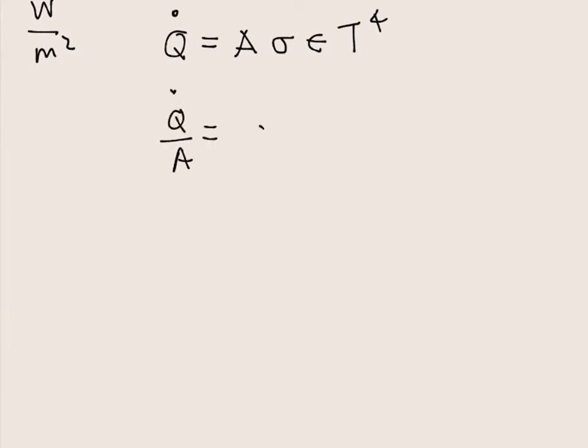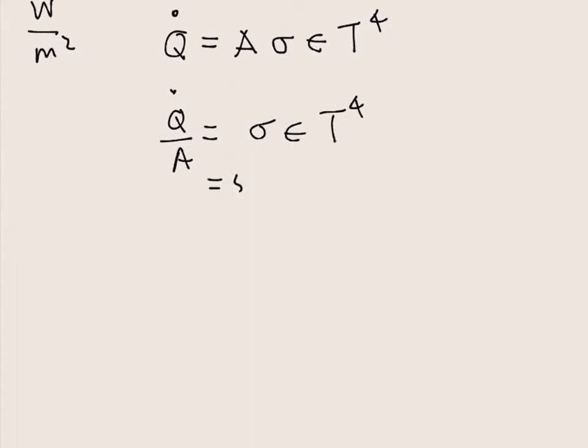So we're looking for basically the solution in watts per meter squared, and it should be pretty straightforward. We know that this should equal the area times sigma times epsilon times T to the fourth. So watts per meter squared, it's going to give us this value, sigma epsilon T to the fourth.